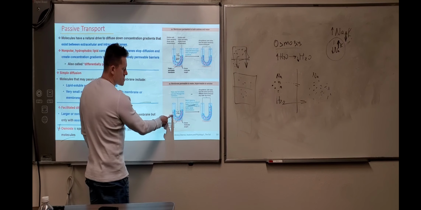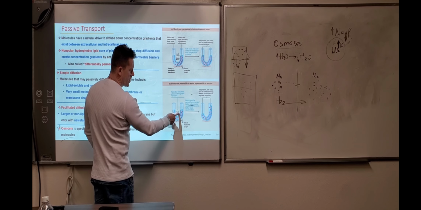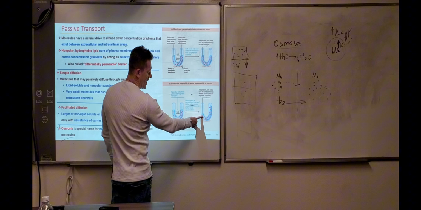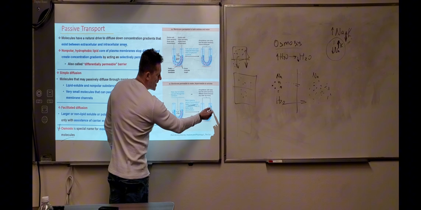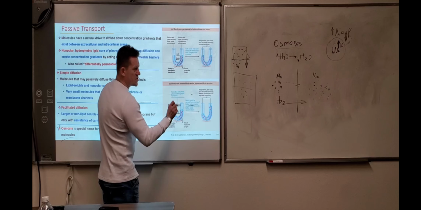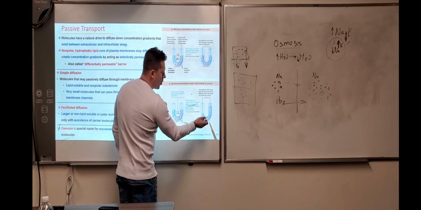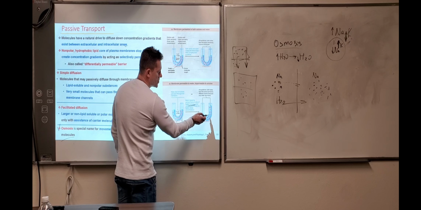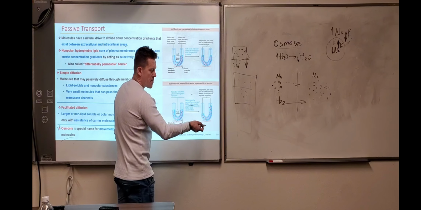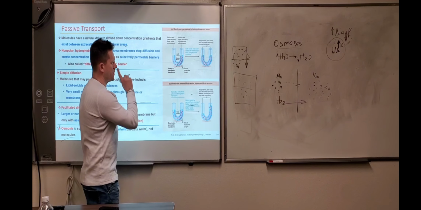So the water will move towards the highest concentration gradient of a solid. That's why now we have less water here, because the water moved towards the high concentration gradient of solid. Because the membrane only allows water to pass through the membrane, not the solid. The solid still stays on this side.